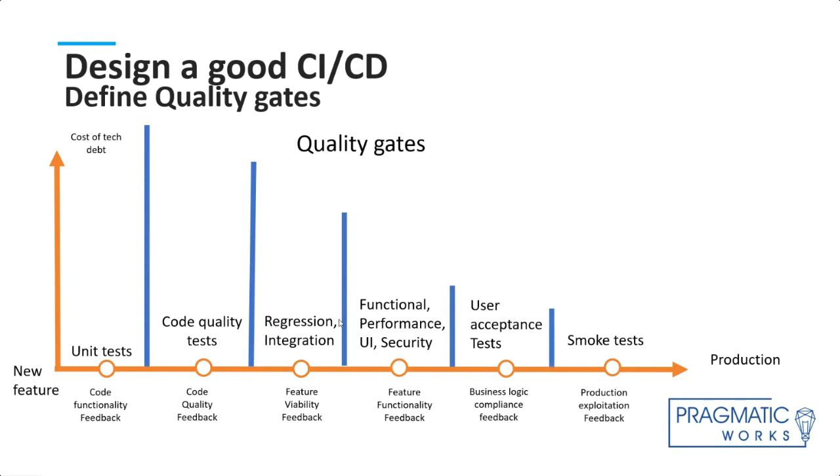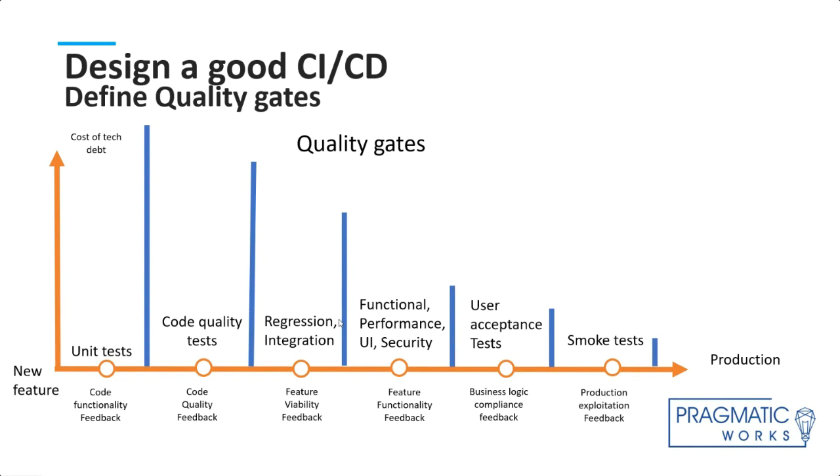Then we have user acceptance tests. User acceptance tests are mostly related to checking whether the business logic works fine or not, and that also happens at the release candidate stage. So it can be done or it can be skipped for the MVP stage, for example.